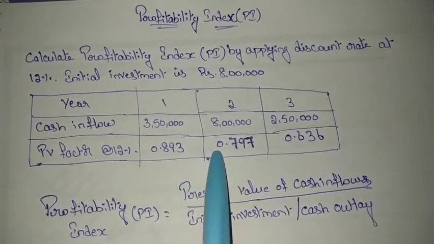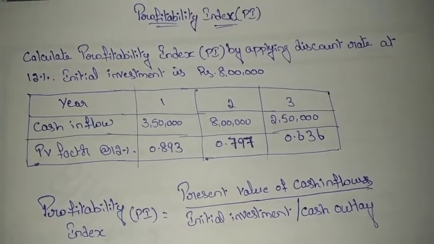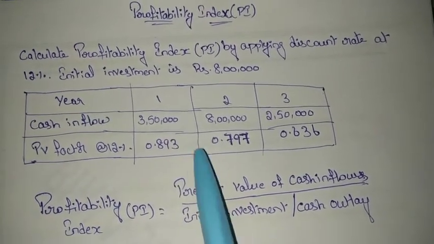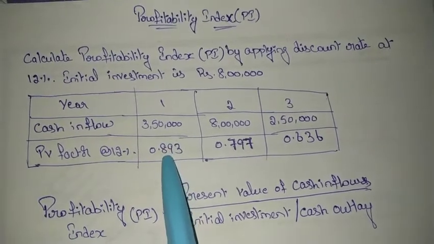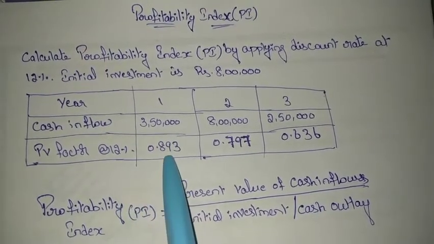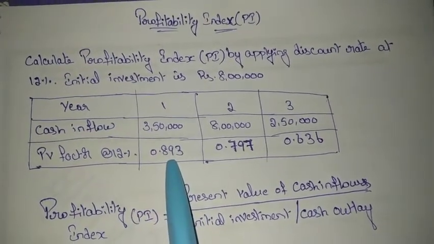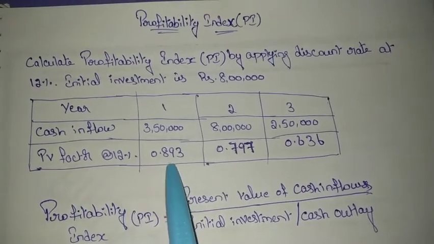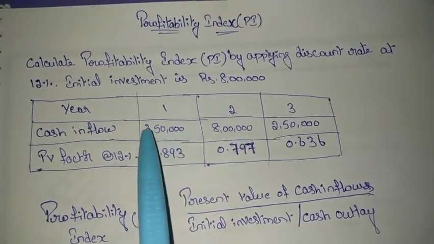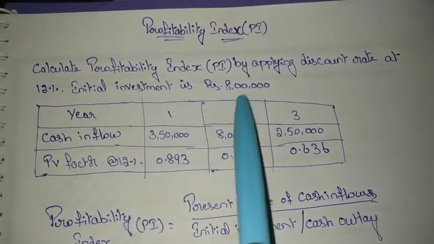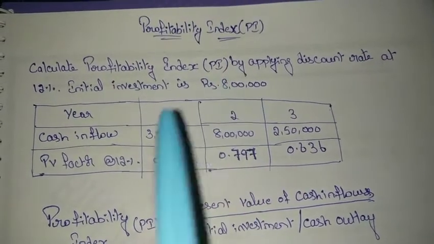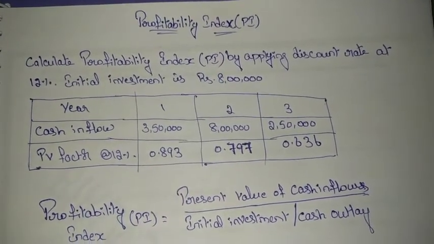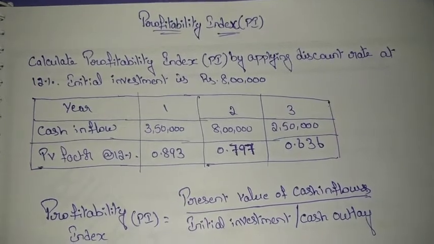So here there is no need to check the present value table for the PV factor. Directly they have given the PV factor at 12%. Now you should calculate profitability index with this information, that is cash inflows, PV factors and the initial investment.